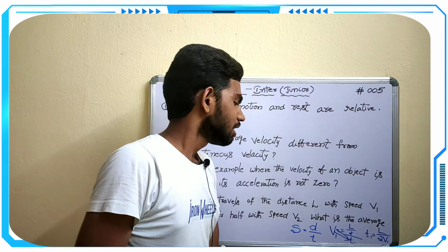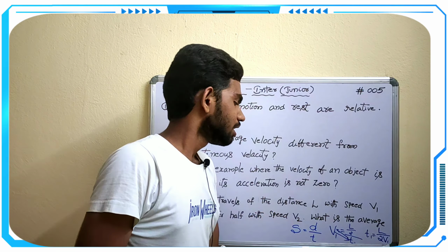Now we have to take half L common. Here we get 1 by v1 plus 1 by v2, that means v1 plus v2 by v1 v2, since the LCM is v1 v2.